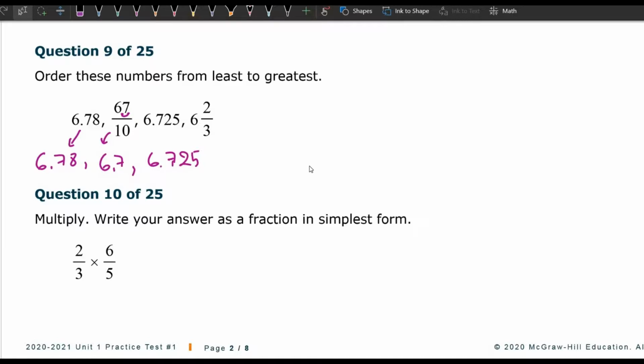And the last one, 6.2 divided by 3, will be 6.666, so we put the bar on top. So how do we know which one is the largest number? Some of you can see it right away, some of you can't. So here is one strategy. What I'm going to do is write them all down vertically.